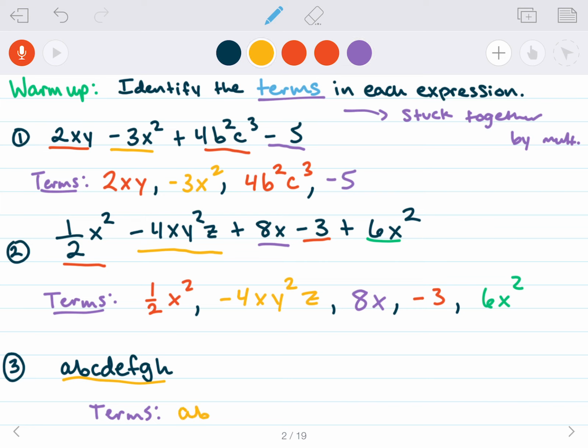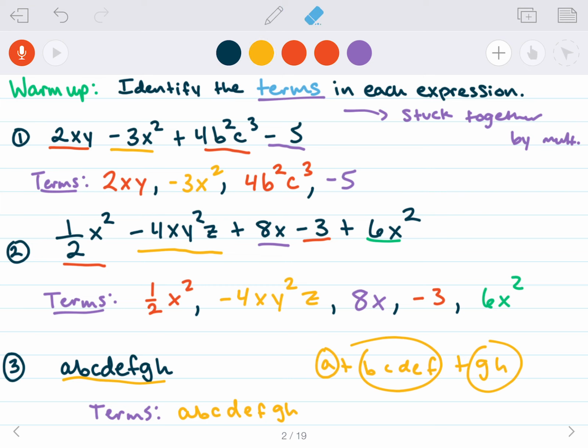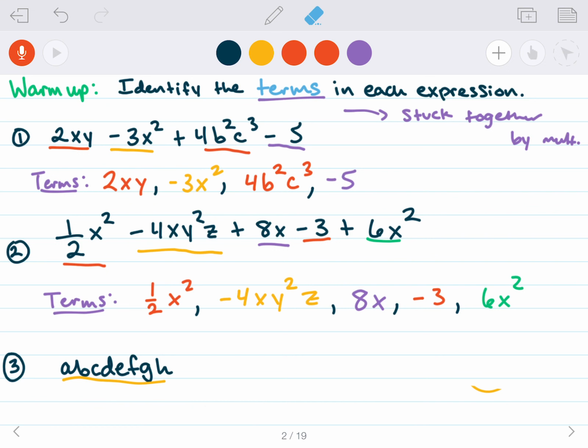So it's just A times B times C times D times E times F times G times H. Now, if I had something like A plus B, C, D, E, F plus G, H, then I would have 3 terms because I had one, another one here, and another one here, right? Terms are separated by plus signs, and that's the review that we have here.